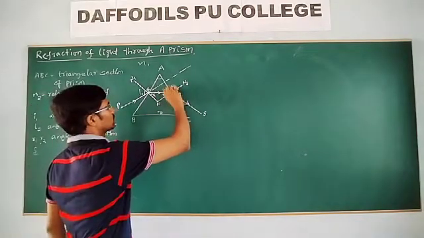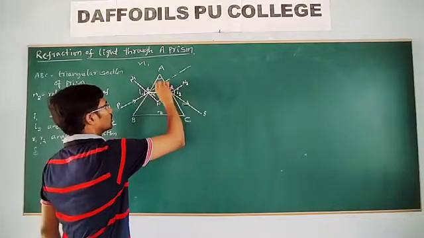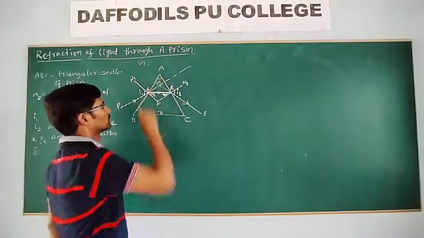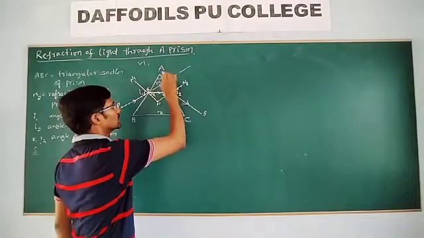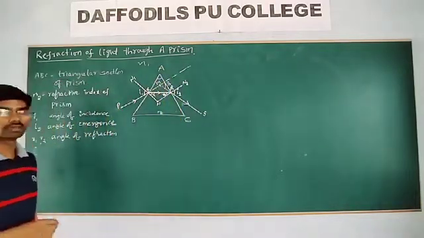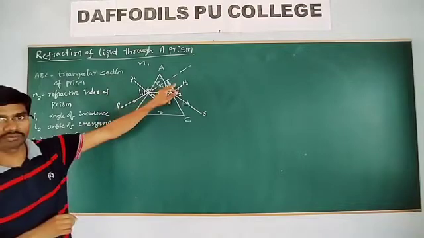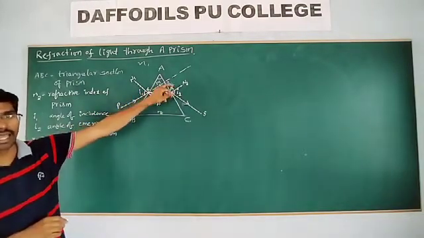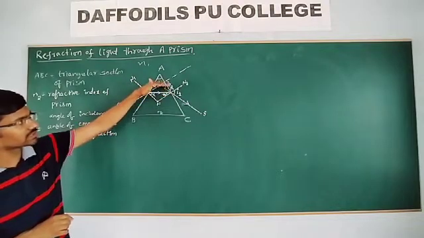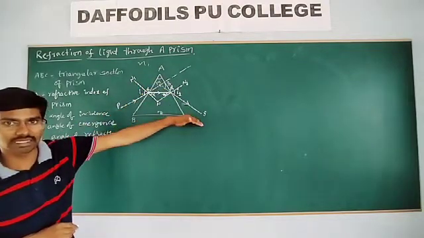Let me extend this one. Now this angle is delta. Delta is the angle of deviation. Angle of deviation means the angle between the direction of the incident ray and the emergent ray.